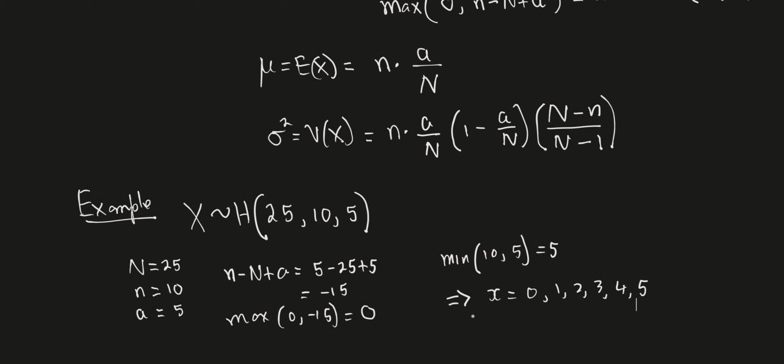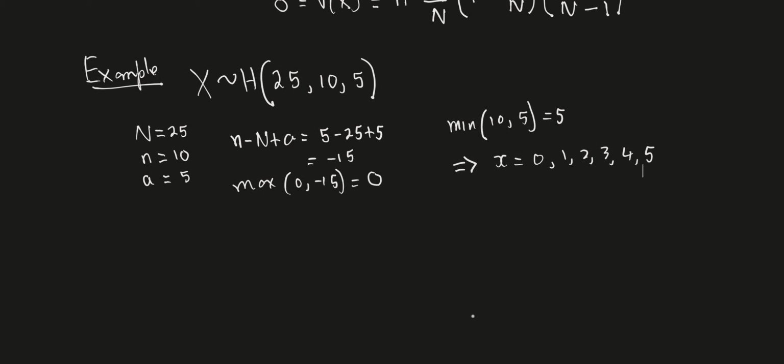Now let's write down the PDF. For the success part, we want to choose out of the 5, obviously, so we're going to have 5 choose x.